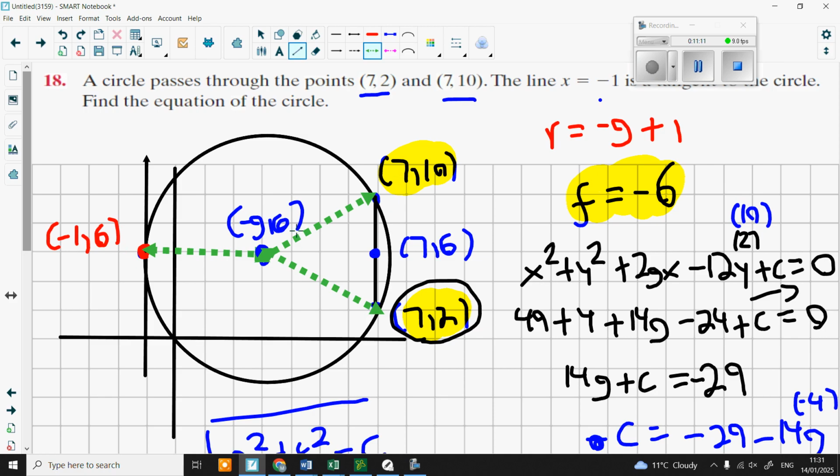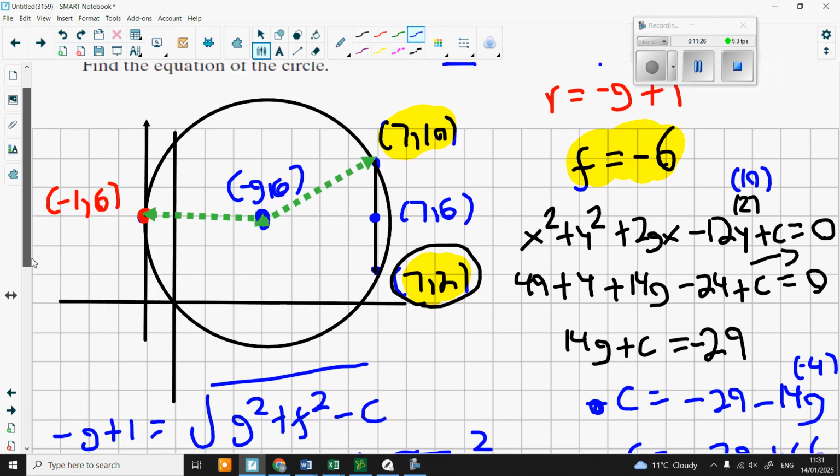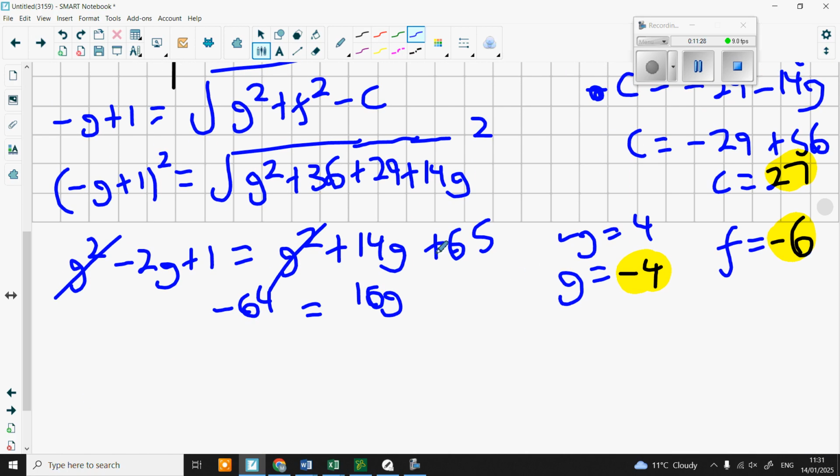Did you do it to minus 1, 6 and 7, 10? I think those two would recycle the information, so you get rid of that one. So you do the distance formula to both of them, and he came up with an equation that gave him the values, right? Because they're equal to each other. And then finally, the third way I did was using the g squared plus f squared minus c.